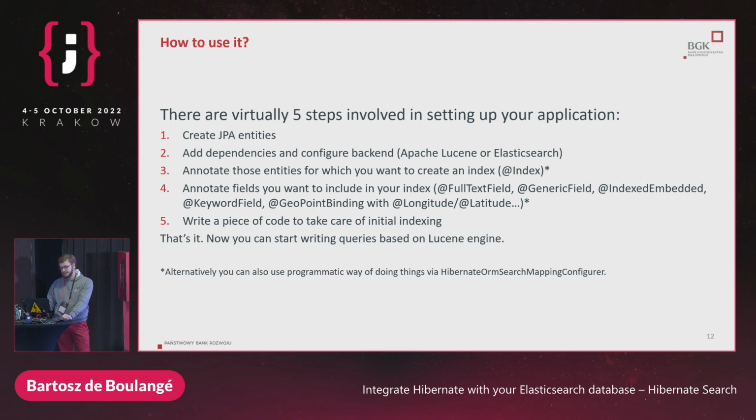then annotate fields you want to include in your index, because sometimes you don't want to include everything, or want to include only some, or want to merge two fields or something different.